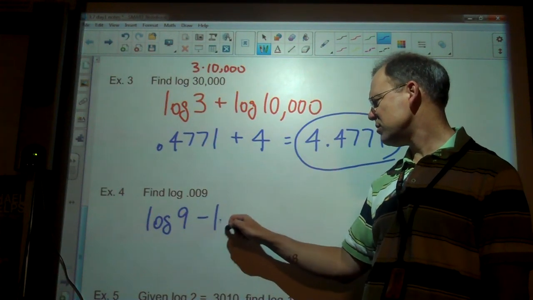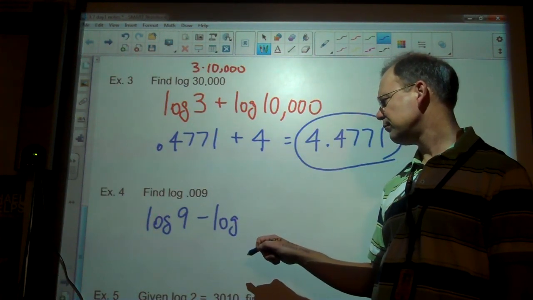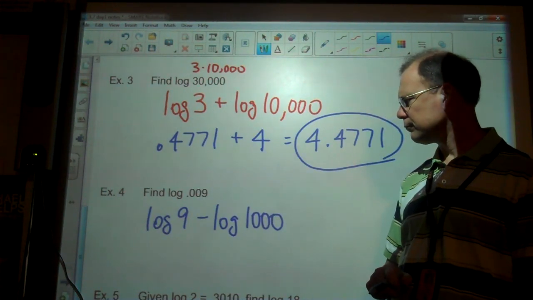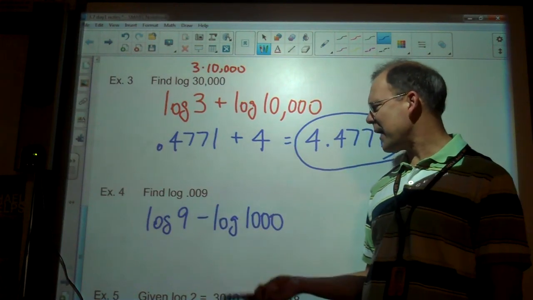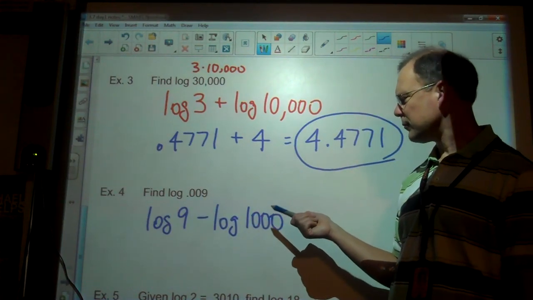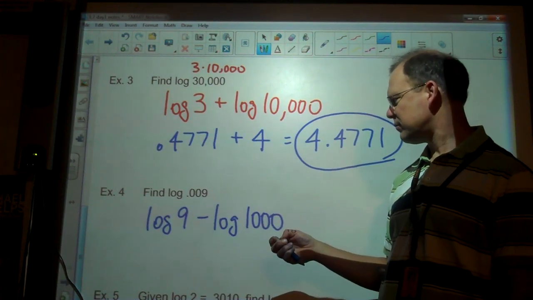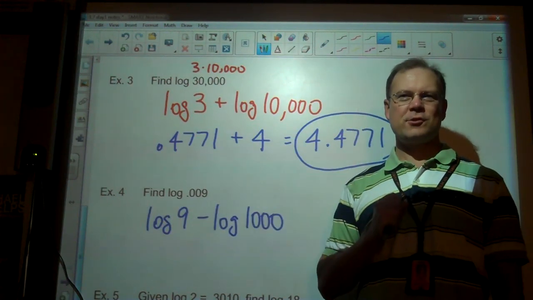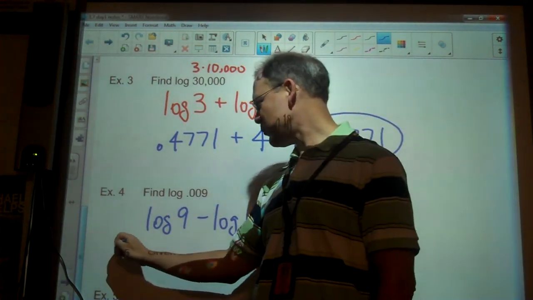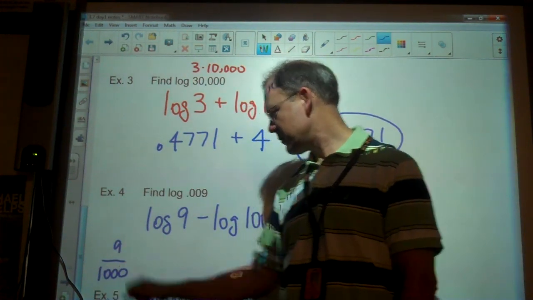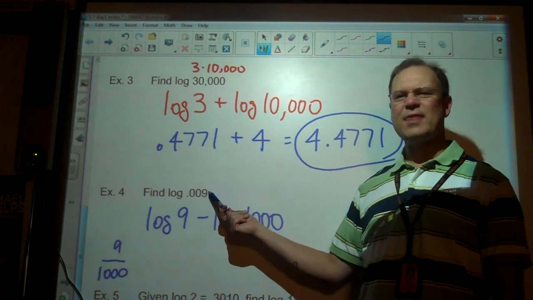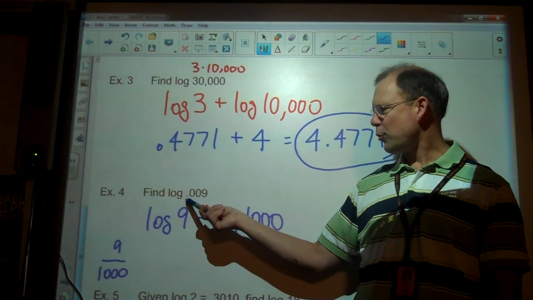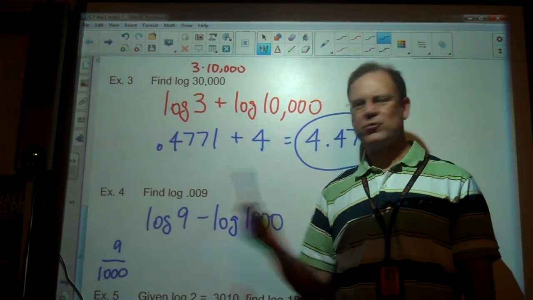Should we think division? .009 is, well, what was I thinking there? 9 over 1,000 is .009. That's what I was thinking. Right? 9 is in the thousandths place, tenths, hundredths, thousandths. So .009 is 9 over 1,000.